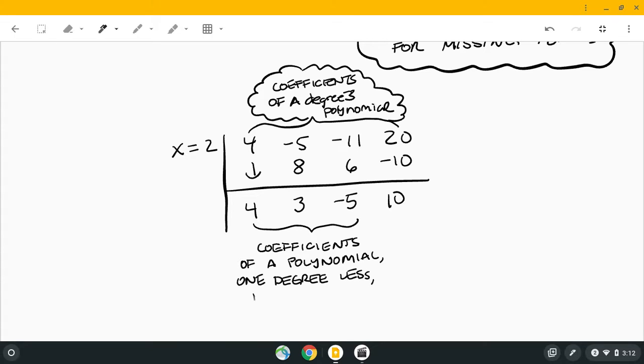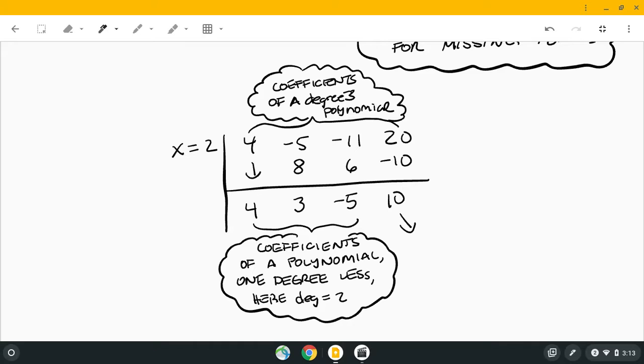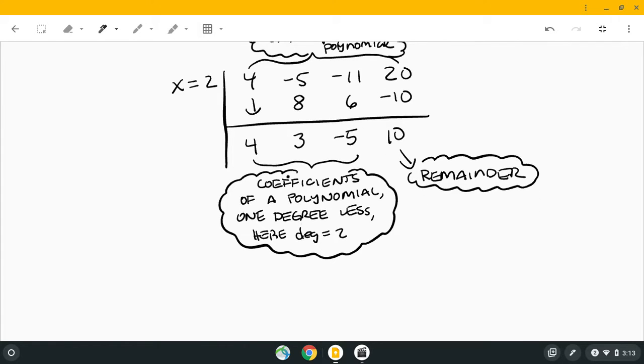So here the degree would be a 2, because this one's degree 3, so this one here is degree 2. Now if you end up with a number here other than 0, then this number right here is actually your remainder. So that's what that 10 is.